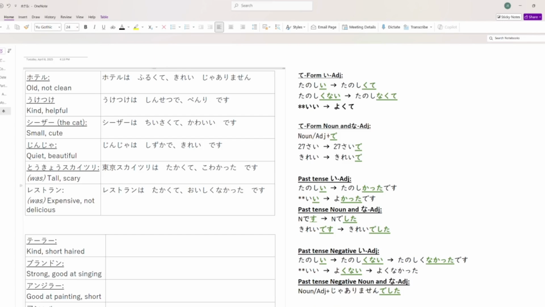But I was going to say, because someone commented at one point, when are we going to talk about te form? And I'm like, should I label this as the te form video or is there more to come? There's a lot more to come. Te form part one, adjective te form introduction maybe.